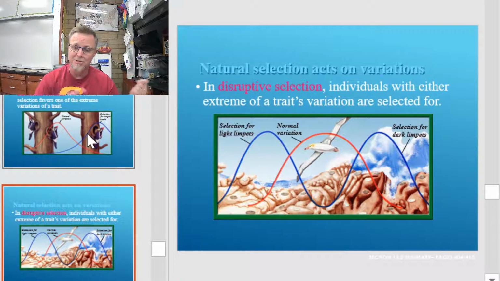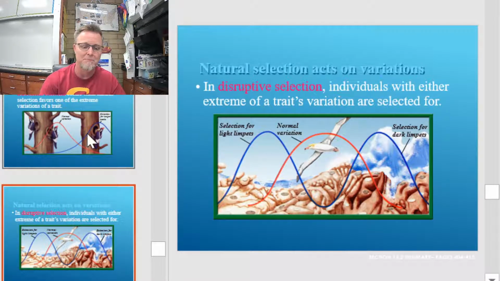The opposite is true on the white colored rocks. So there's favoritism depending on where you are on the rocks to be either a white limpet or a very dark, brown or maybe even black colored limpet. But what you definitely don't want to be is somewhere in between because you won't blend in with anything and the bird will pick you off and eat you.